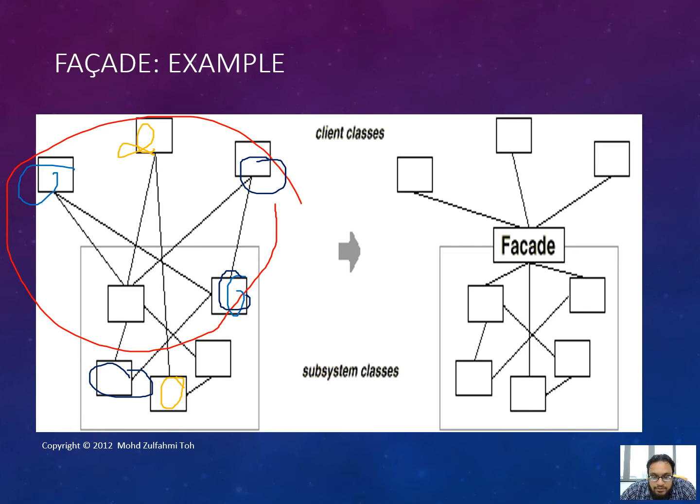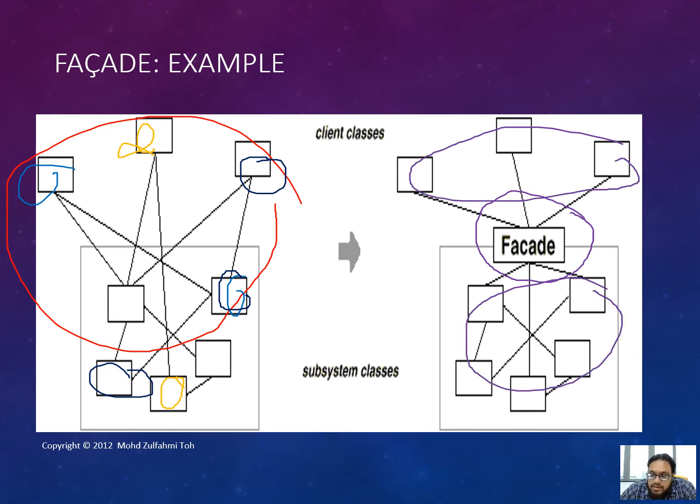Basically, if you see here, facade is an intermediate layer that connects the clients and the system. The client doesn't know to which module it is interacting, but rather they communicate with the intermediate layer, or middleware, named facade, and then facade is the middleware that connects the client and the complex system here.